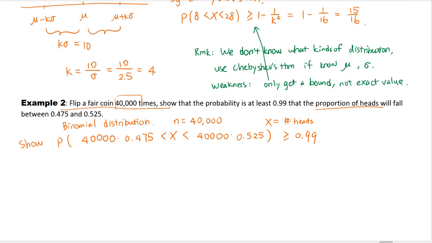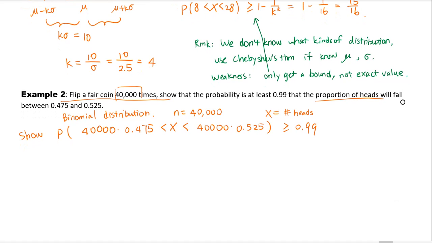Okay, and this is the natural format of the Chebyshev theorem. Now let's check it out. Because we have the binomial distribution and it is a fair coin, p is 1/2. And if you remember, the mean for the binomial distribution is n times p. So 40,000 times 1/2 is 20,000. And then how about the variance? Variance is n times p times 1 minus p.